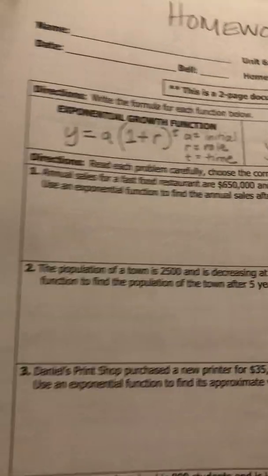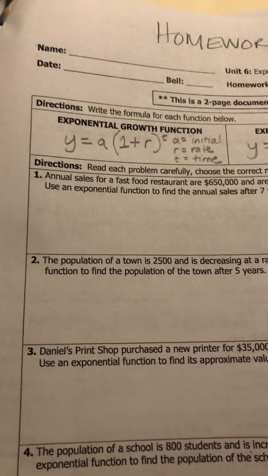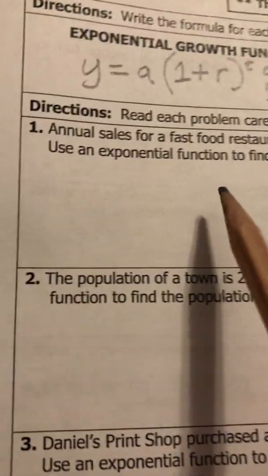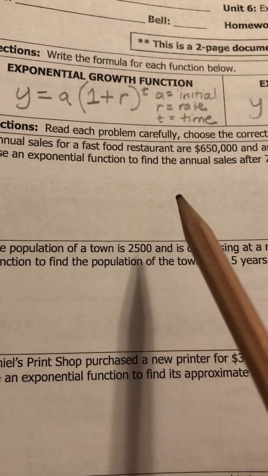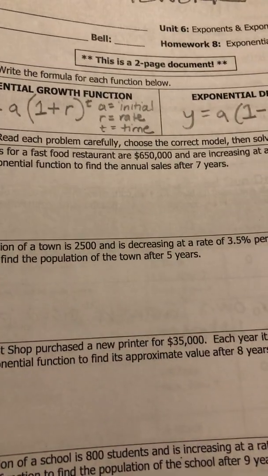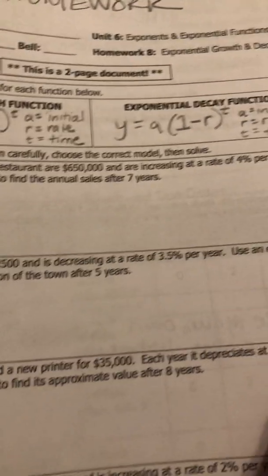So I've got some word problems now. So we're going to read this carefully. Annual sales for a fast food restaurant are $650,000 and are increasing. Oh, increasing.